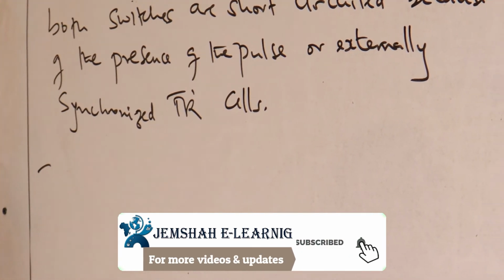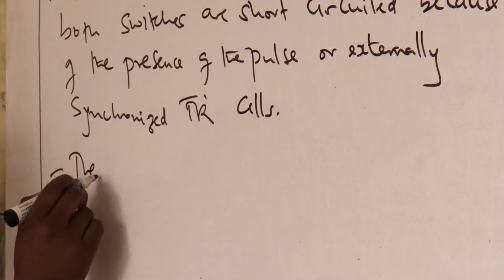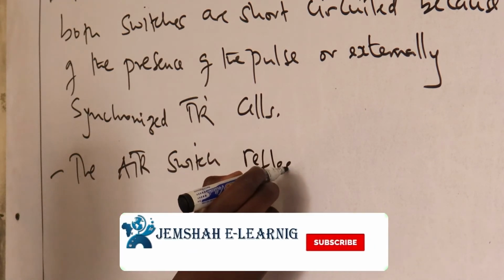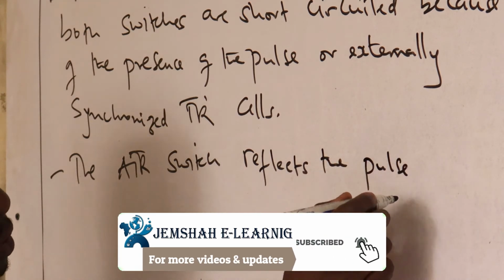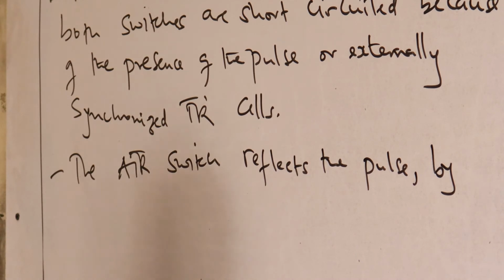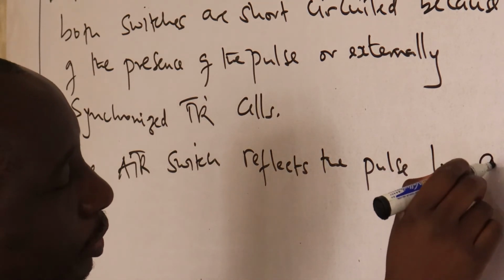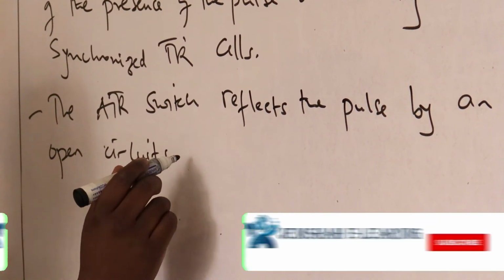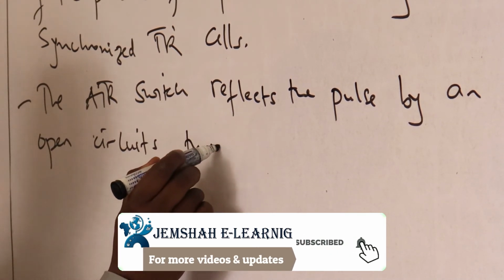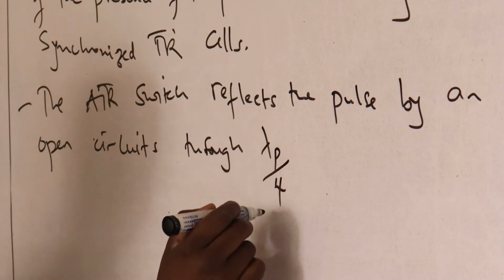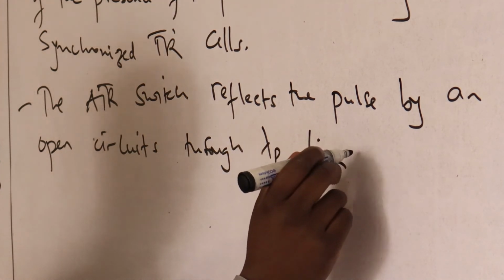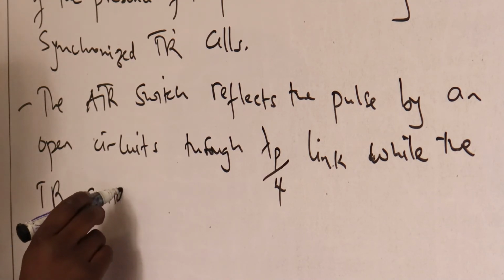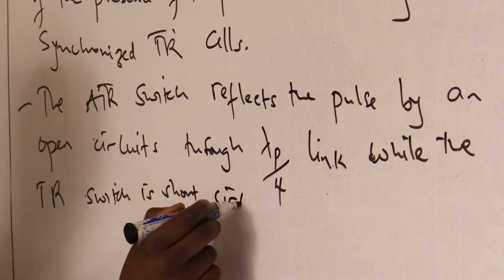The ATR switch reflects the pulse as an open circuit through the quarter lambda link, while the TR switch is short circuited.